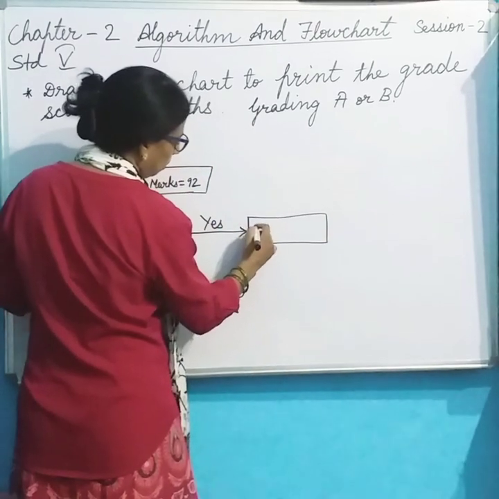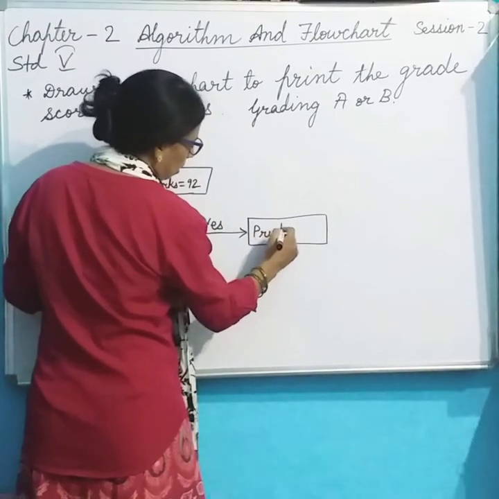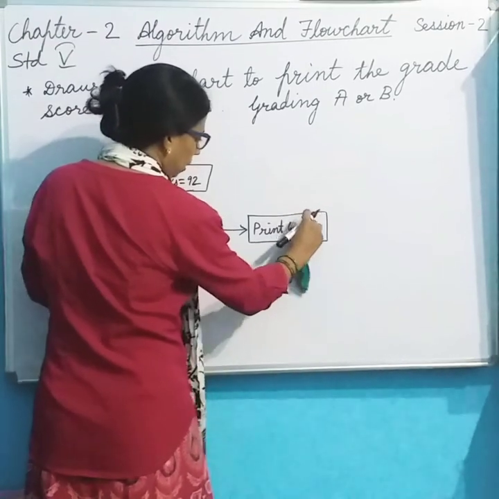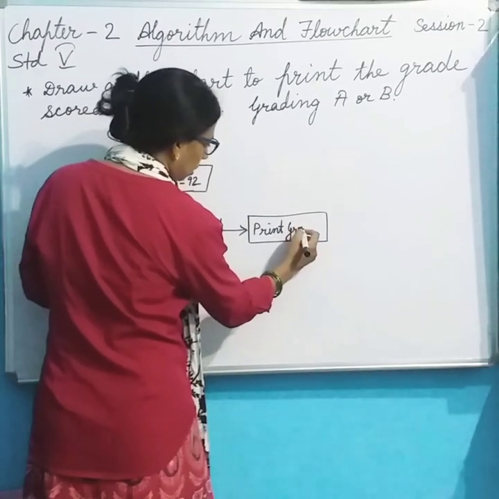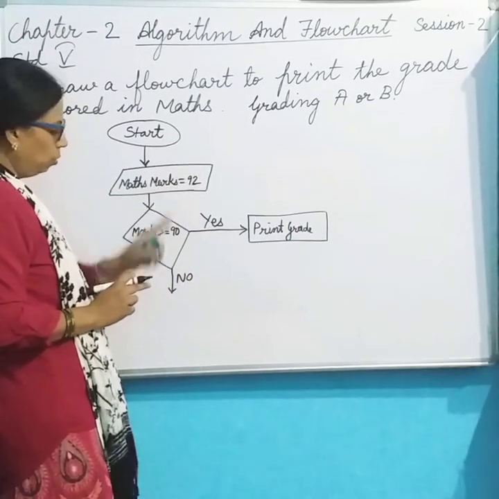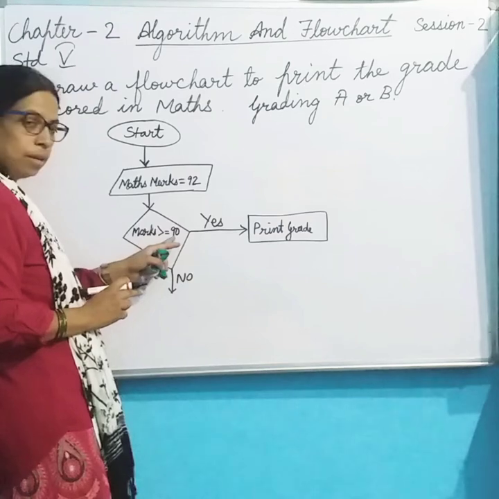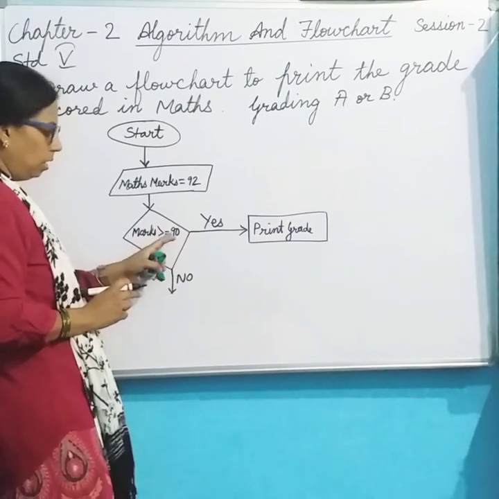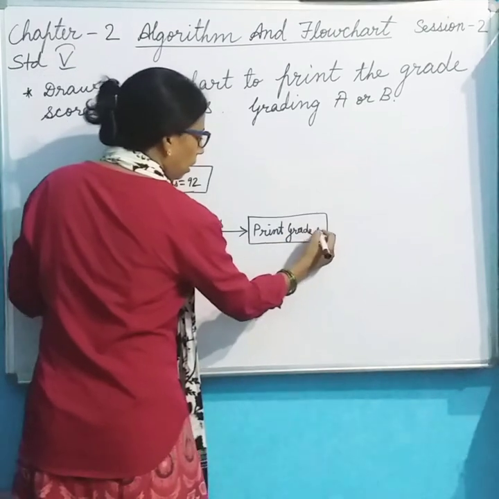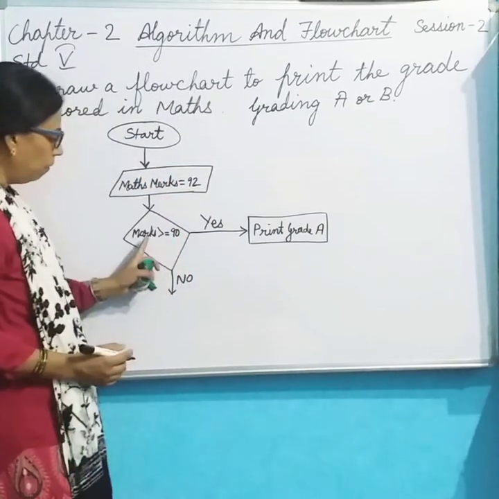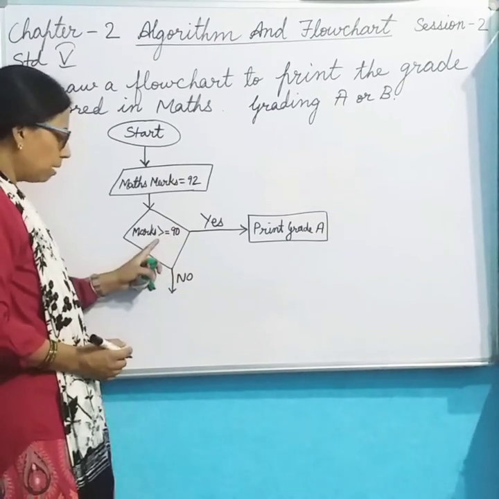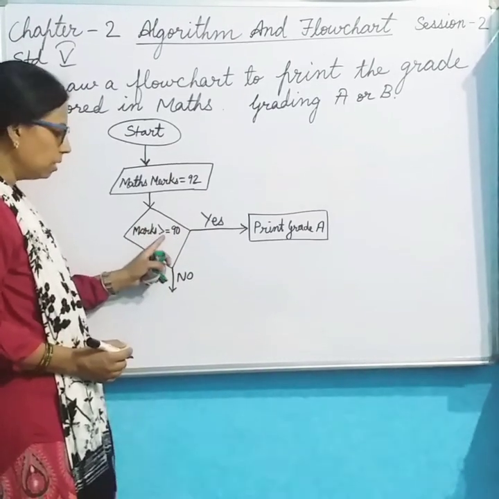Print grade. Marks is 92, so marks is greater than 90. So print grade A.